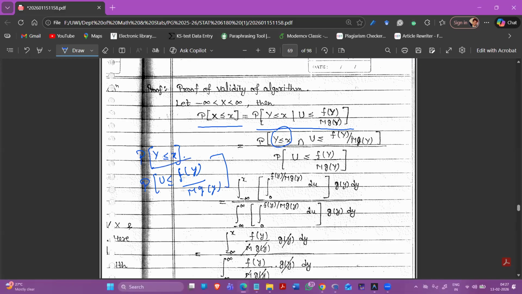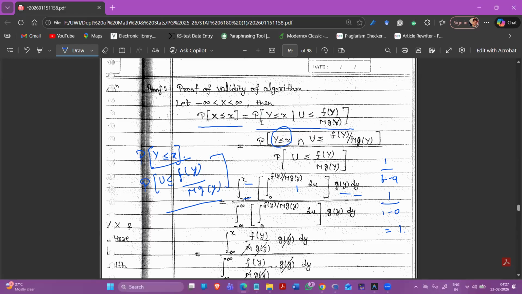So how will you compute this? The integral from minus infinity to x of g(y) with respect to y. And for u, because it is from the uniform distribution between 0 and 1, what will be the PDF? It is 1 upon b minus a, that is 1 upon 1 minus 0, so it is 1. That is why we write the integral from 0 to f(y) divided by M g(y) of 1 du.